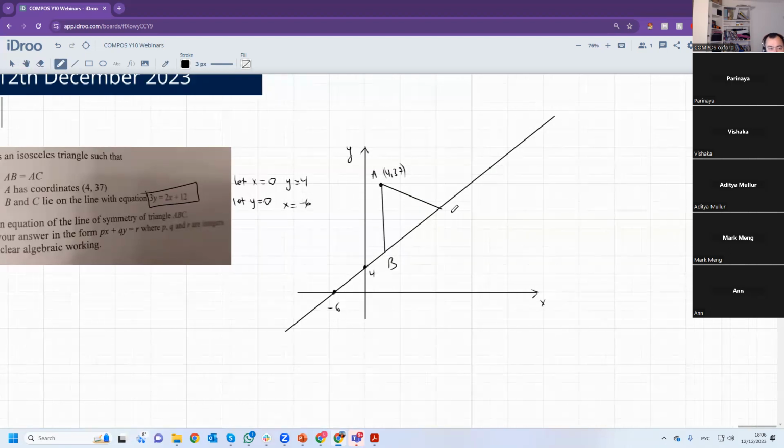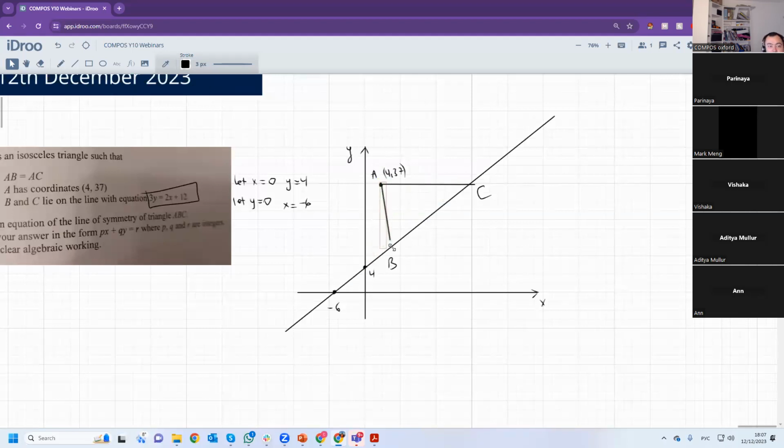Now, we don't know where B and C are, but we know that they are symmetrical. For example, if C is here, then B would be somewhere here.